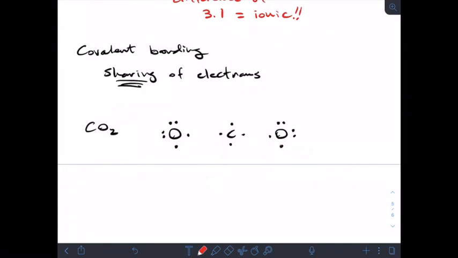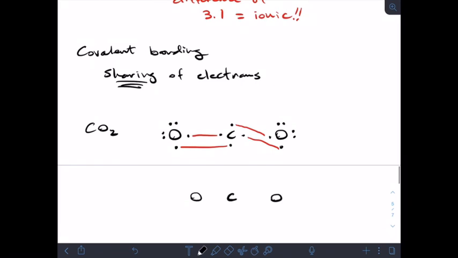So the idea here is that I'm going to share those 2, and I'm going to share those 2, and I'm going to share these 2, and I'm going to share these 2. And the result is something that looks a little bit like this. Carbon, oxygen, oxygen.